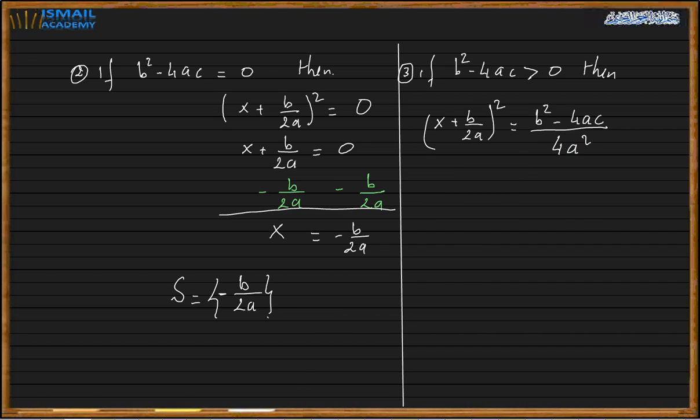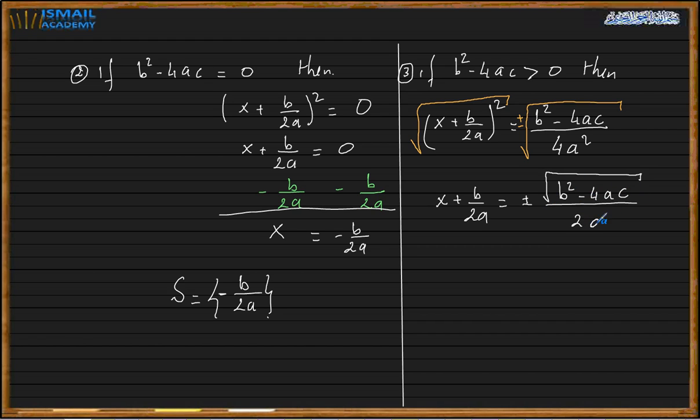What you do next, you take the square root on both sides, so you end up having plus or minus here. And here you will end up having x plus b over 2a equal plus or minus, and the square root of 4a squared is just 2a, so we end up having the square root of b squared minus 4ac over 2a.